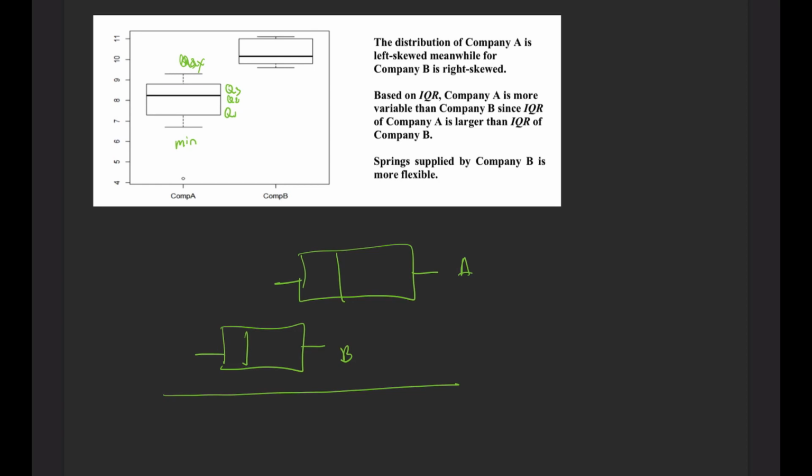So we want to compare the flexibility. Flexibility, we compare using IQR. Remember, IQR is Q3 minus Q1.